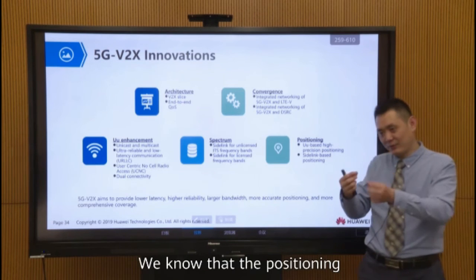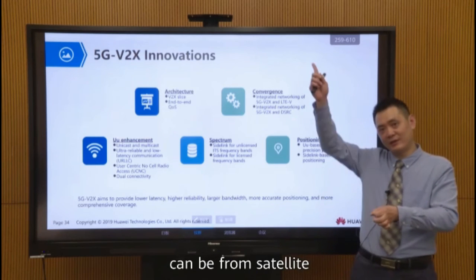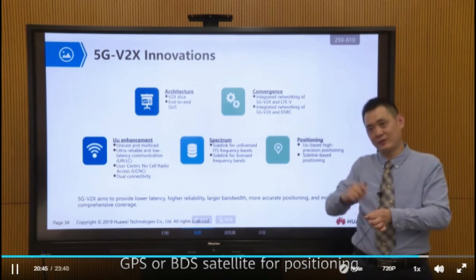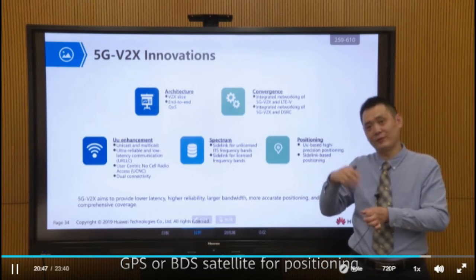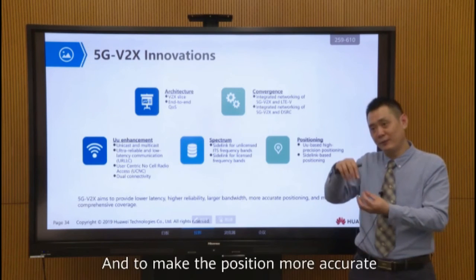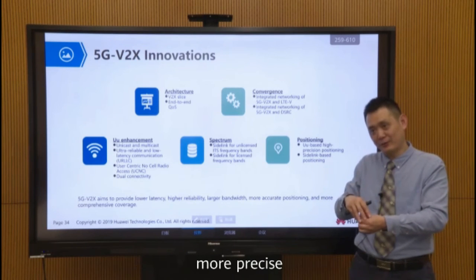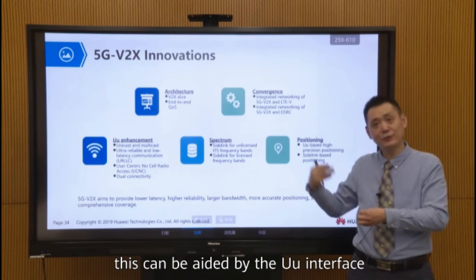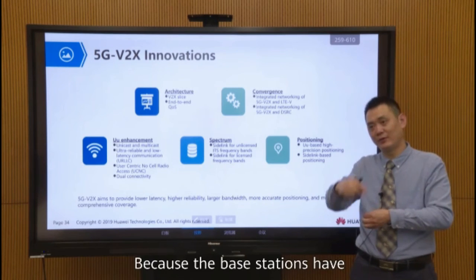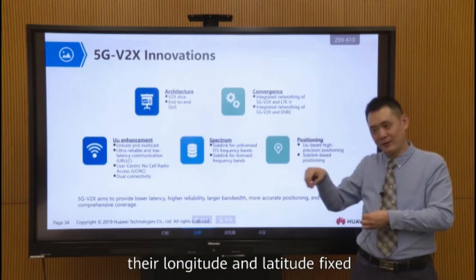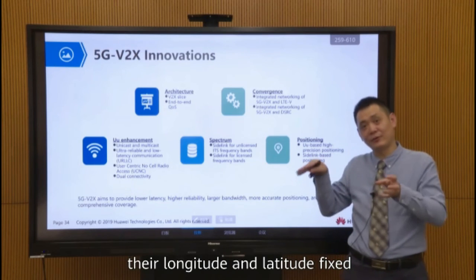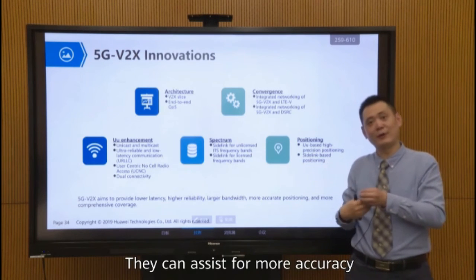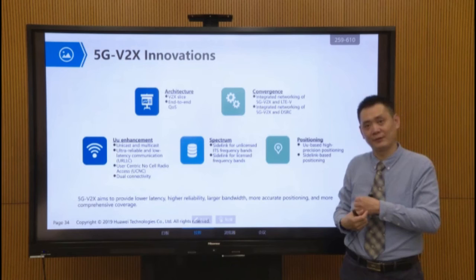We know that positioning can come from a satellite, GPS or BDS. To make the position more accurate and precise, it can be aided by the UU interface, because the base stations have their longitude and latitude fixed. They can assist for more accurate positioning.